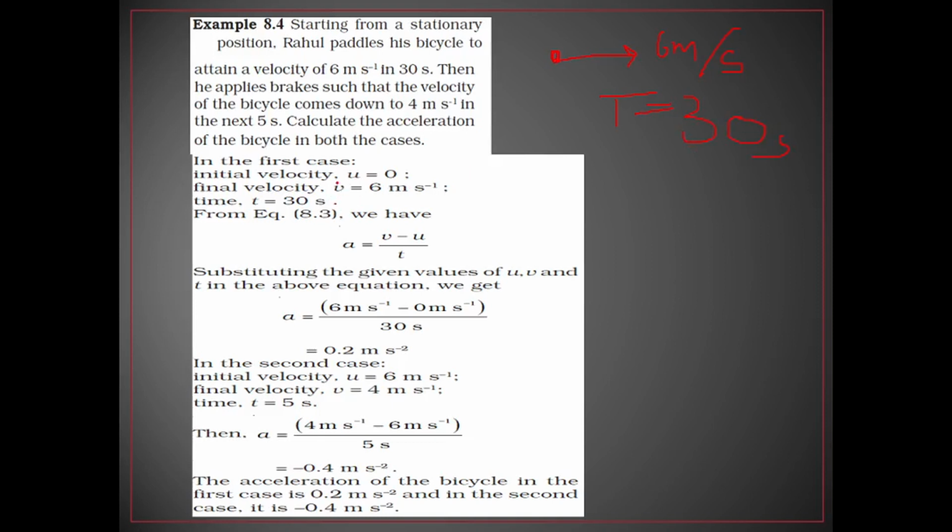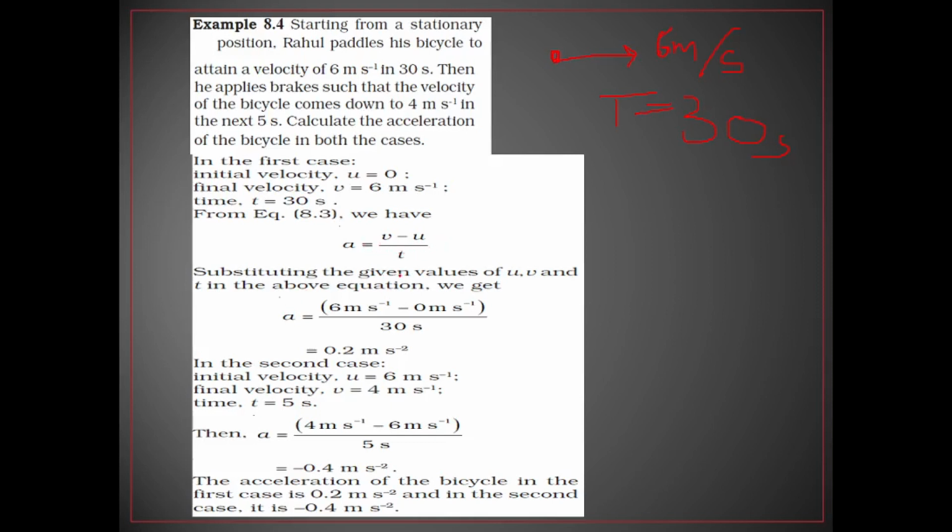So the final velocity is 6 meter per second because he starts from stationary and he reaches 6 meter per second. The final velocity is 6 meter per second, time is 30 seconds. From equation, this is the textbook equation, you can neglect it. So we have acceleration equals v minus u by t, the formula for acceleration.